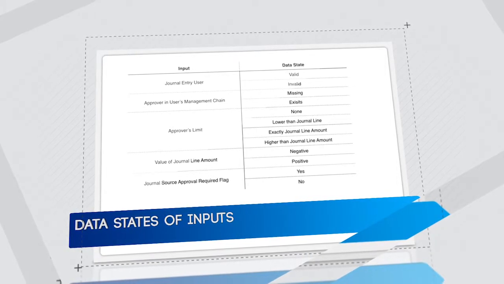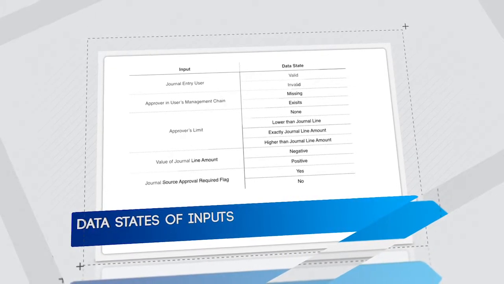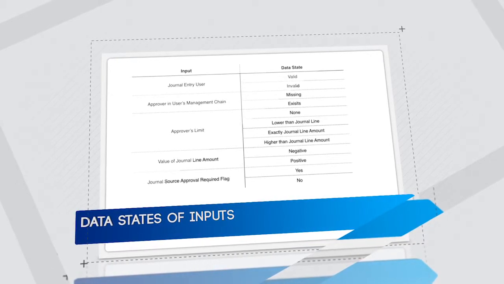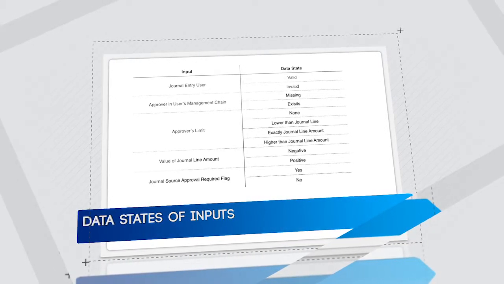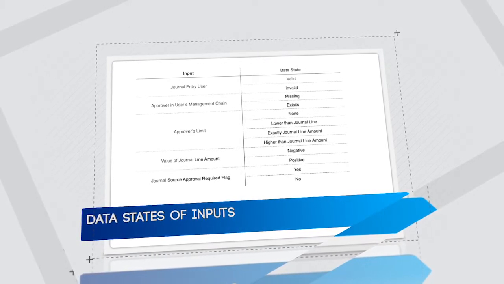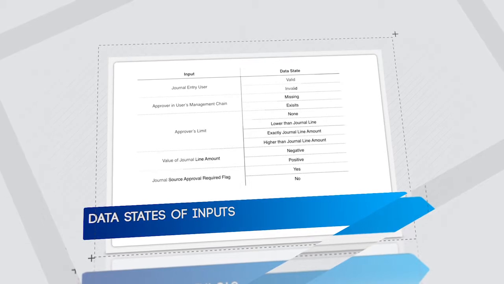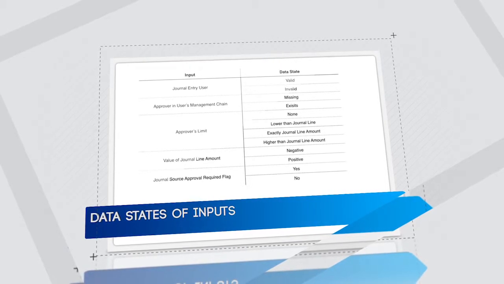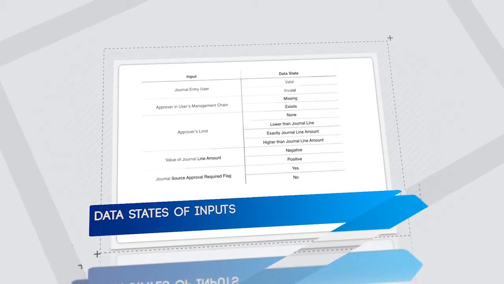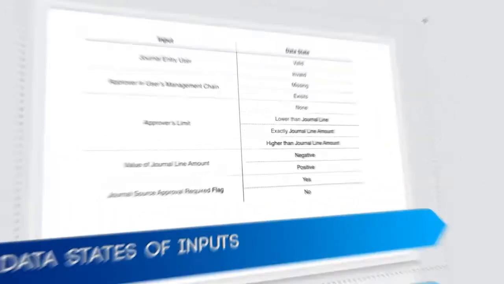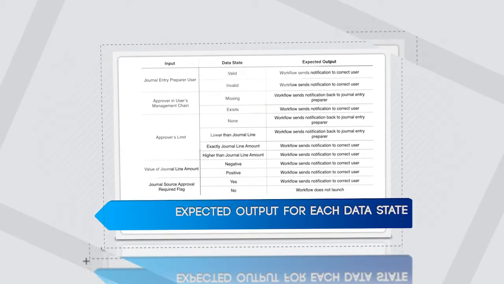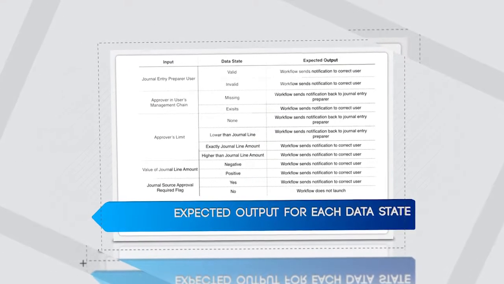The value of the journal line is the next data element, and that can either be a positive number or a negative number. And then finally, the journal source flag can either be require approval or not require approval, so a yes, no. So based on these different inputs, we can come up with different outputs. So what happens when the approver is missing?